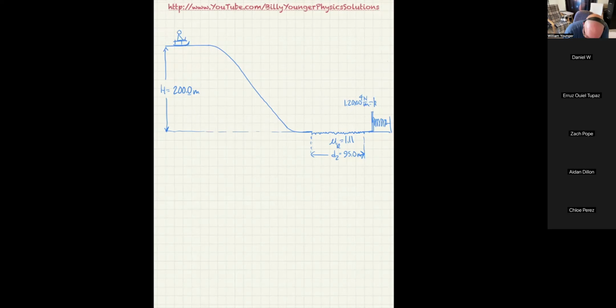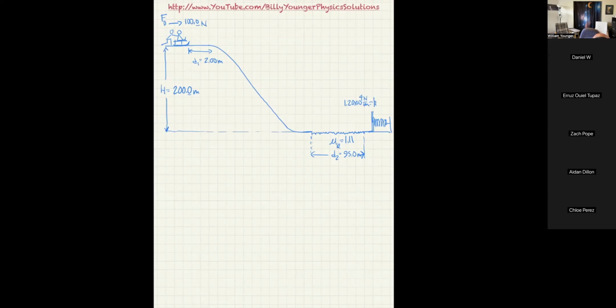Younger. All right. Now the neat part is we're going to have the kid's father giving him a push, and the father is going to push them a distance D1 equals, let's say, 2.00 meters, and the father is actually applying a force, let's say F sub D for dad, is equal to, let's say, 100.0 newtons.